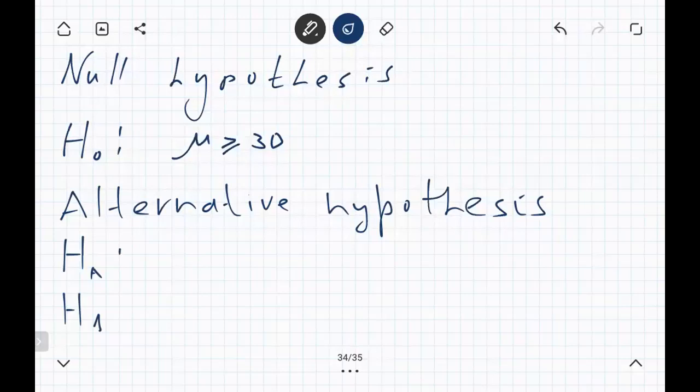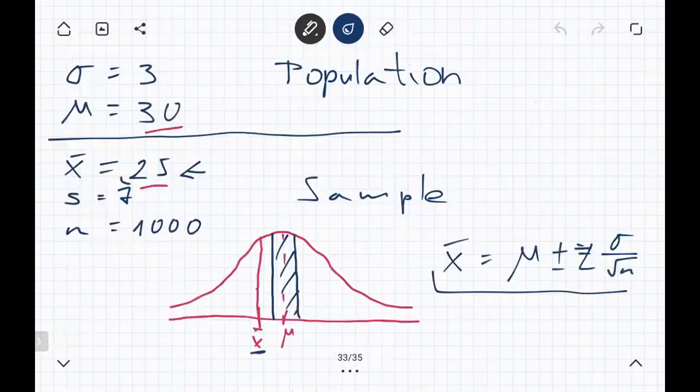I will use HA. So our HA will be that there really is a difference. It will just be the opposite of our null hypothesis: the mean is less than 30. What it means is that this 25 we are seeing here is not some quirk of our sample. It's a real change, and the mean value went down as the result of our treatment.